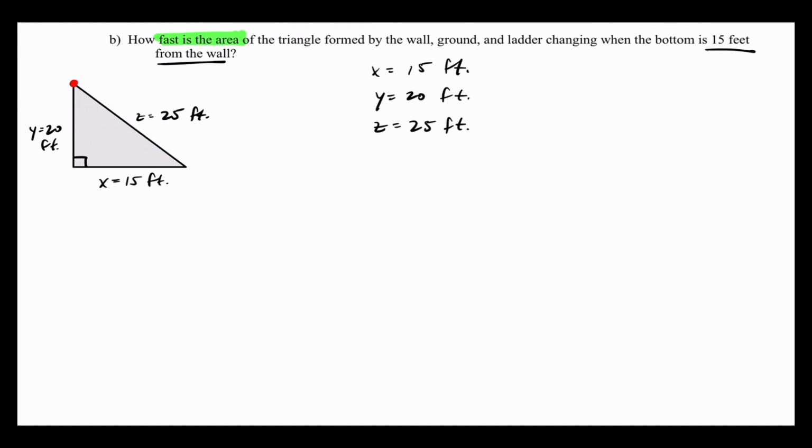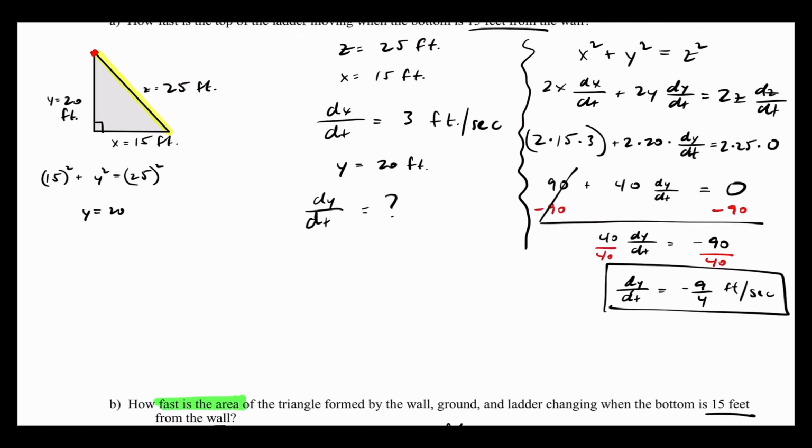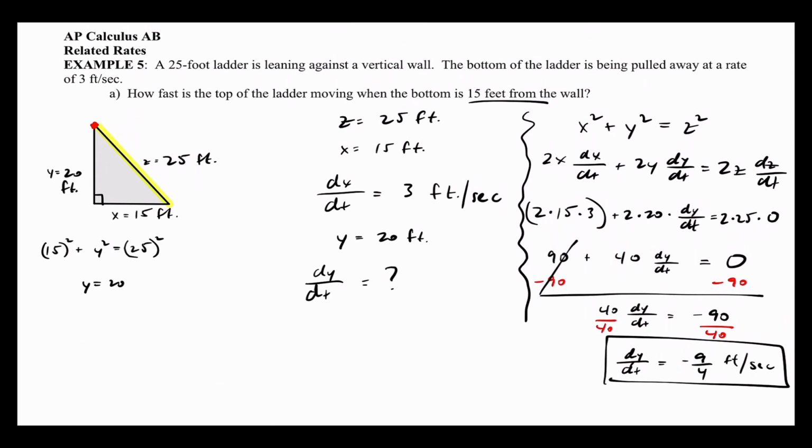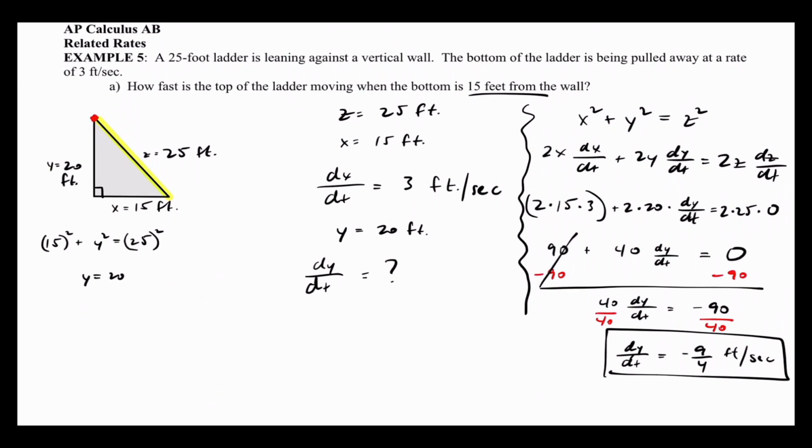So from the last question, we know a couple things too. Besides the sides and the hypotenuse, we know dx dt, right? We know that x is being pulled away at 3 feet per second, right?